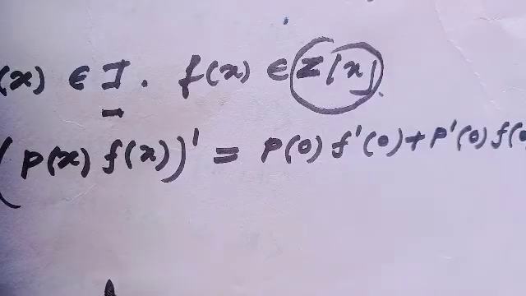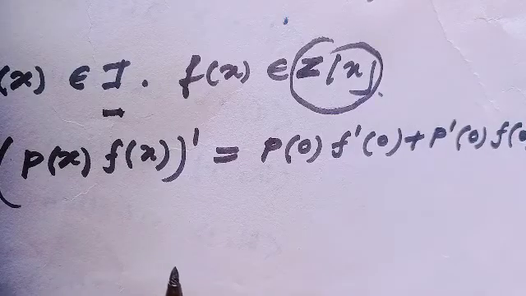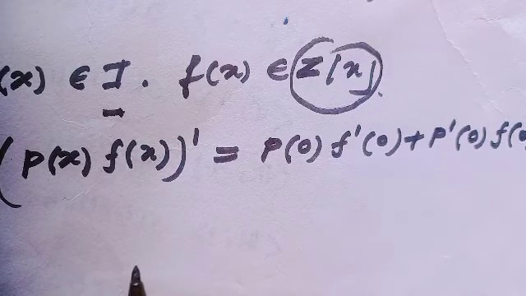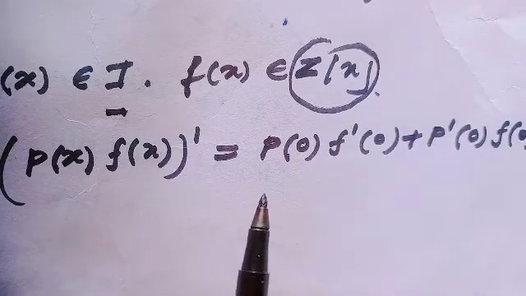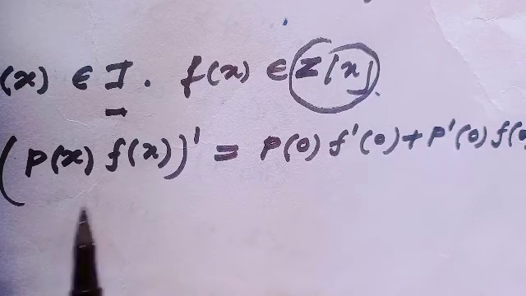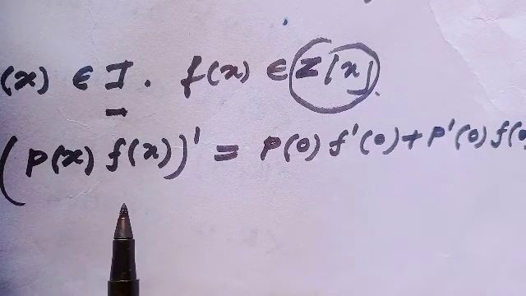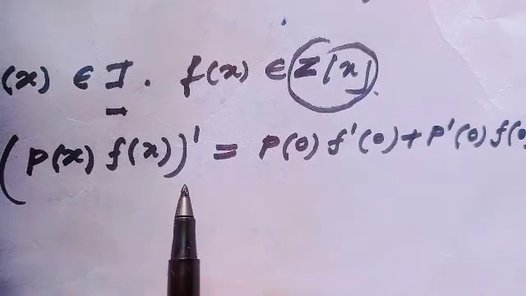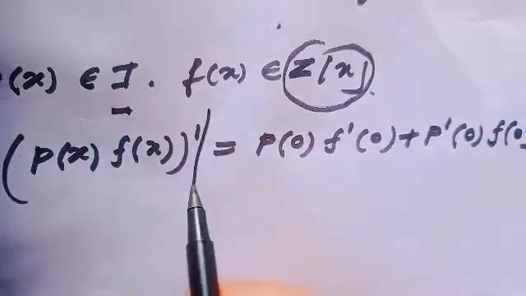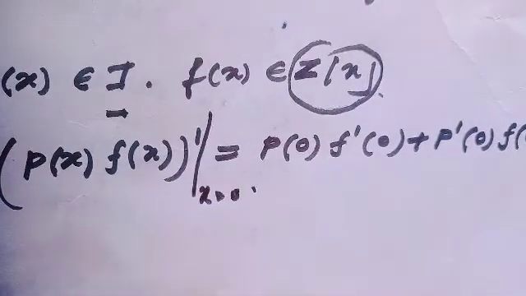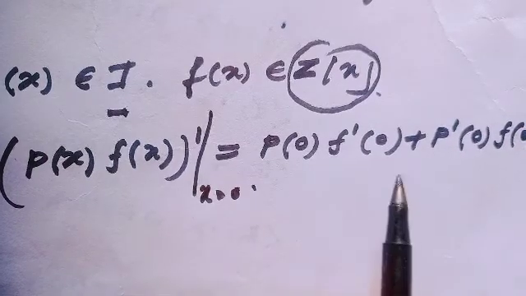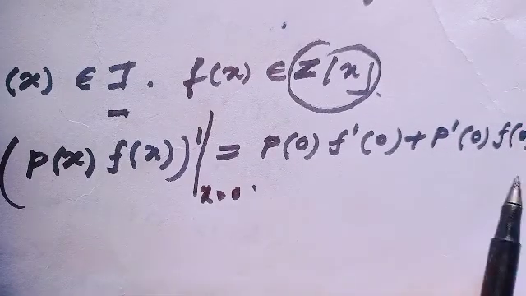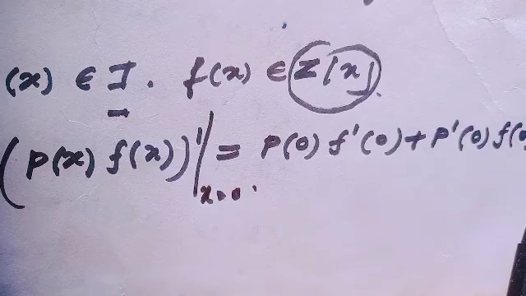Then we have to check p(x) times f(x) belongs to I. That means (p(x) times f(x)) prime belongs to I. We have to check it. And by the property of derivative, (p(x) times f(x)) prime at the point x equals 0 is similar to p(0) times f prime 0 plus p prime 0 times f(0).